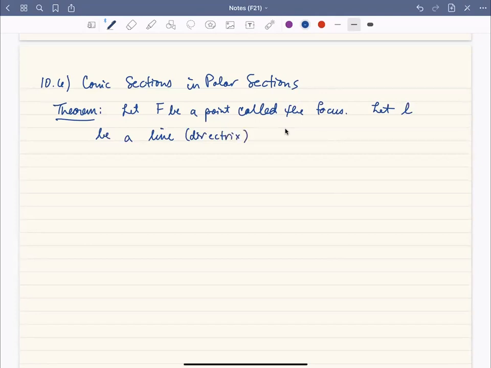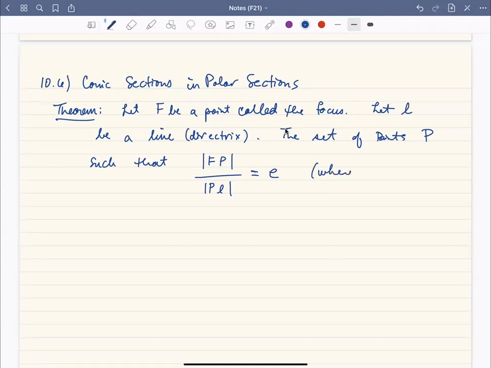And then given a point F and given a line L, the set of points P such that the distance between the focus and the points P divided by the distance between the points P and the line, the directrix L, is some constant E, where E is some constant greater than or equal to 0. This is going to be a conic section.